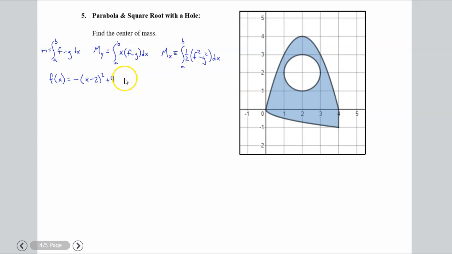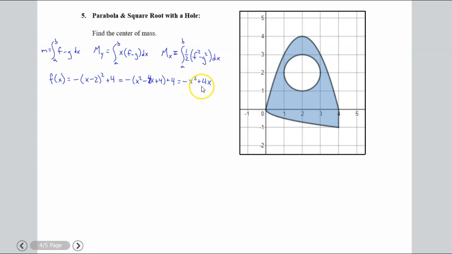And if you want to simplify this, you can. It's not strictly necessary, but you could say this is negative times, and then square this out, so you get x squared, negative 4x, and then negative 2 times negative 2 would be a plus 4, and then plus 4 on the outside, and then the negative gets distributed, so we get a negative x squared, and then plus a 4x, and then a minus 4 and then a plus 4, and those will cancel out.